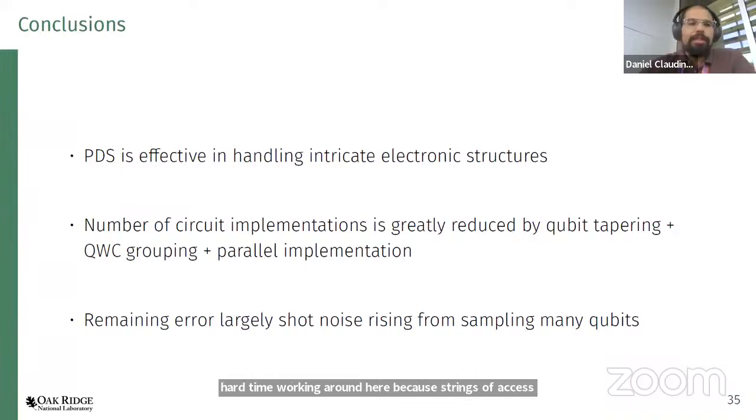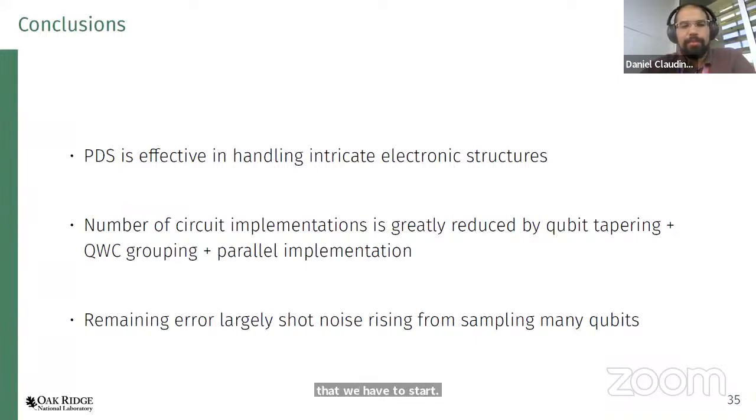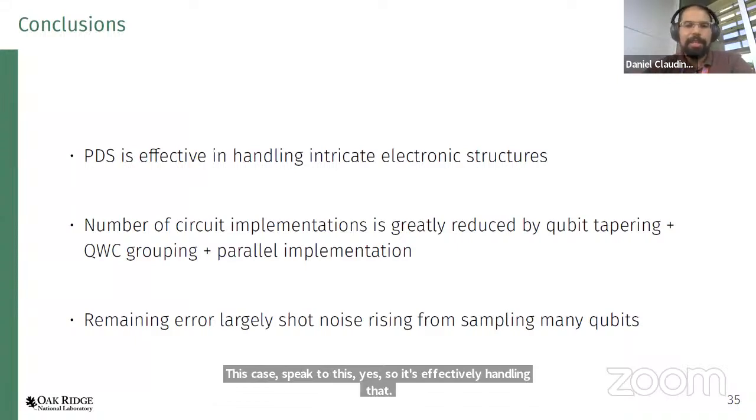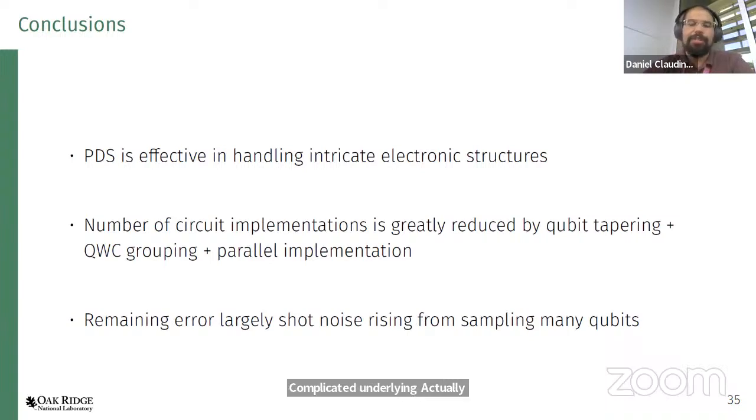Now, to conclude here, we realize that moments expansions, and in this case, I can only speak to this PDS, effectively handle that complicated underlying excitonic/electronic structure that gives rise to singlet fission.